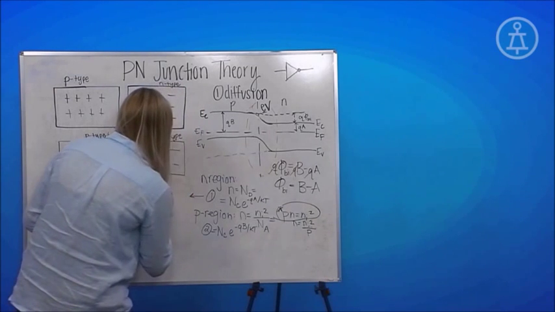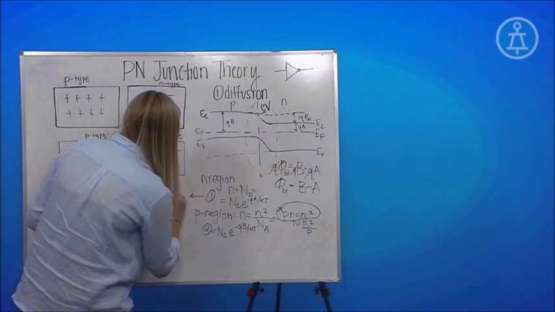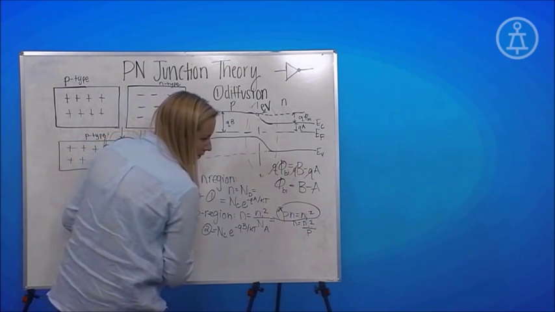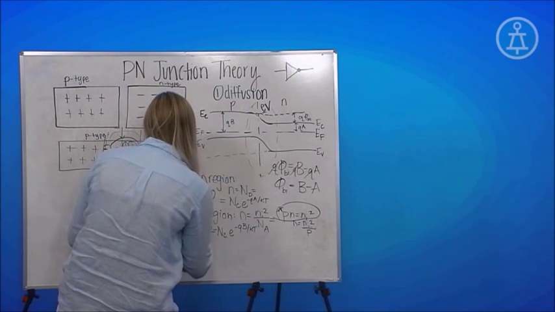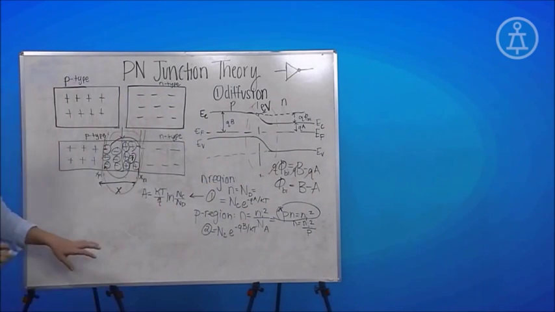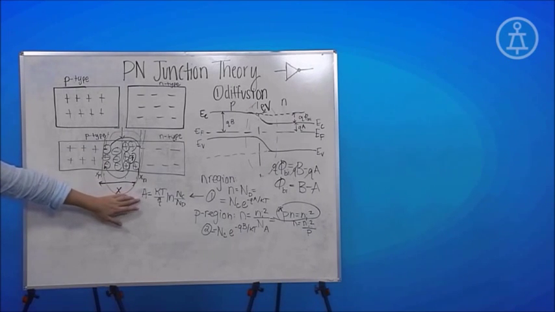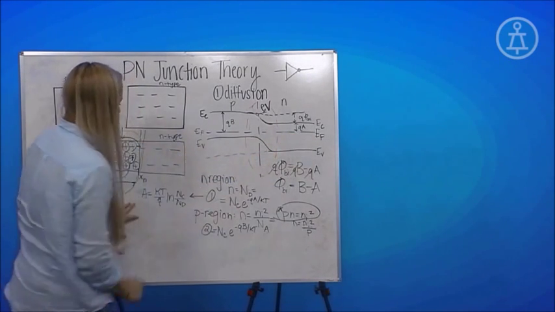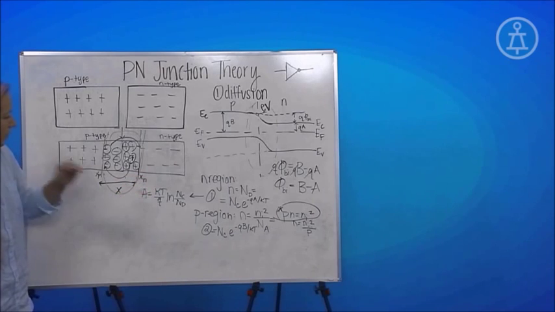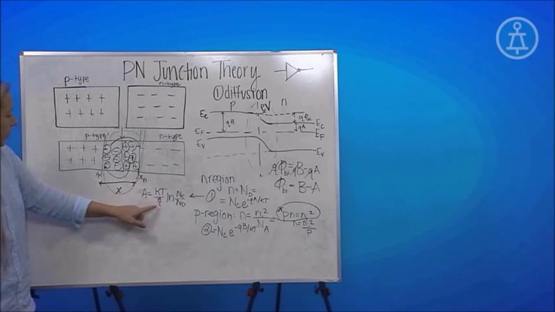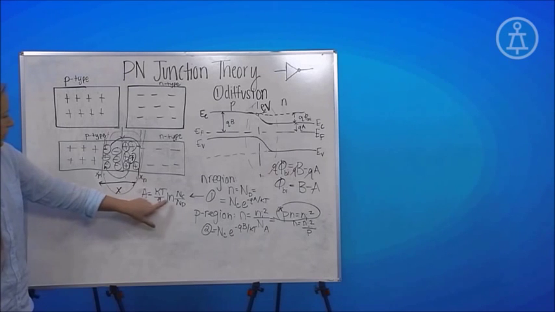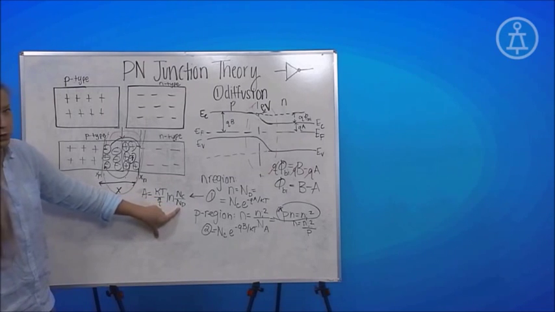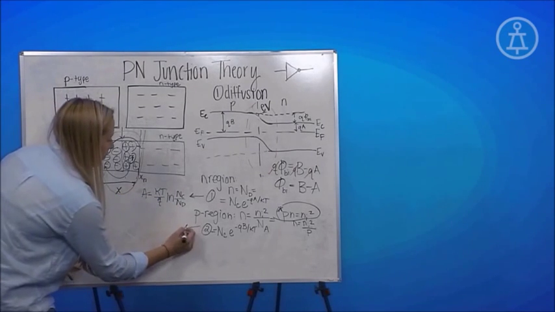Which is kT over Q, ln of NC over ND. So our potential from EC to EF, so the conduction band to the Fermi level, is equal to Boltzmann constant k with temperature and the charge of the electron, times ln of the density of states divided by the number of donors.